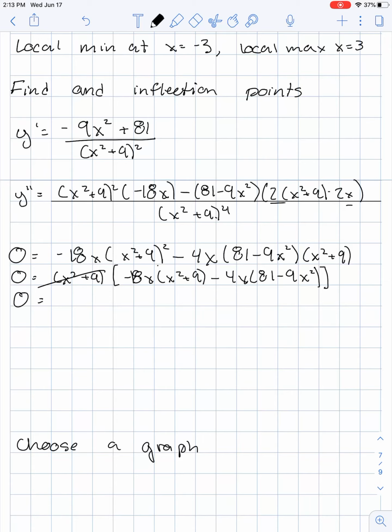Let's multiply some things out. So negative 18x times x squared is going to be negative 18x cubed, minus 18 times 9, which is like 2 times 9 times 9. So it's 81 times 2, which is 162. Let me double check that number.